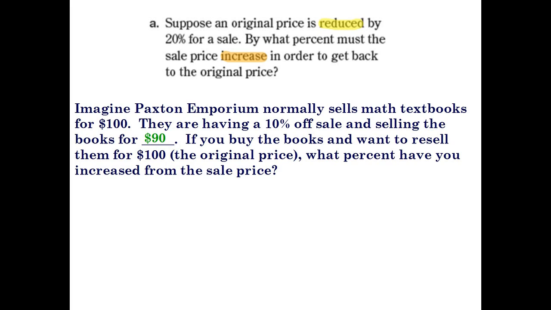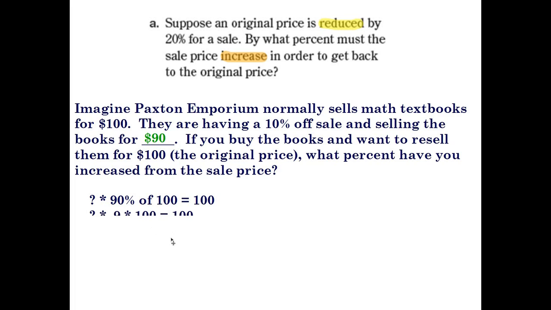So what percent do you need to increase to go from $90 to $100? So first we have this equation here, some unknown amount that you're going to increase from 90% of 100. Remember, 90% is after the 10% decrease going down.